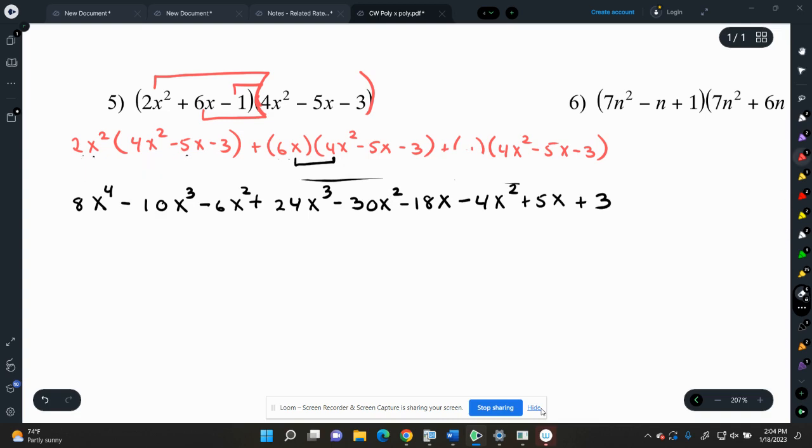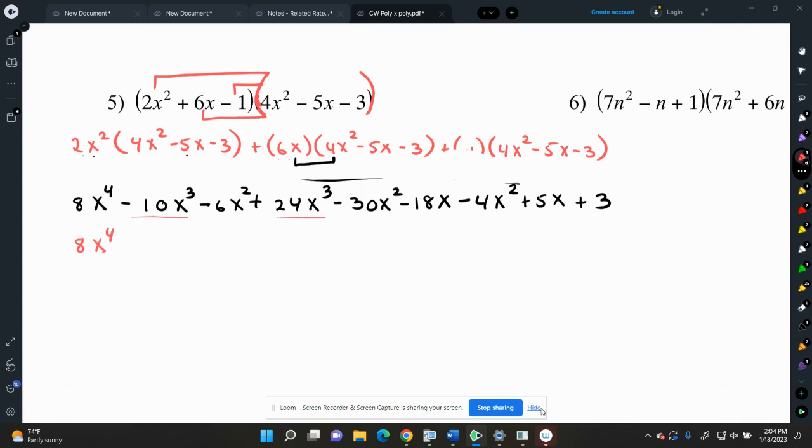Now, this is where I think it's easier if you're lining it up, because now you've got to find all your like terms. So we have 8x to the fourth. Now I have minus 10x to the third plus 24x to the third, and that's it, right? So that's plus 14x to the third.